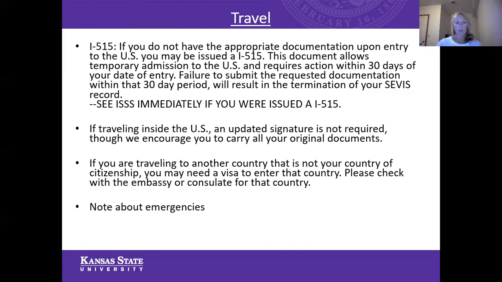And then a note about emergencies. There may be times that you have to depart the United States due to an emergency outside of your control, and maybe ISSS isn't open or not available. It's okay that you depart the United States. You don't have to have the signature to leave. You just have to have that signature to come back.